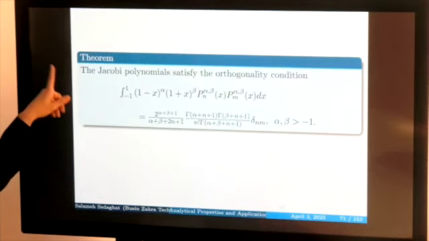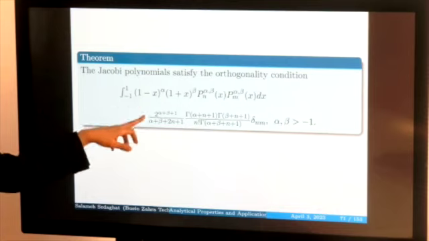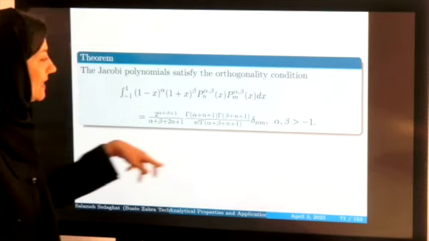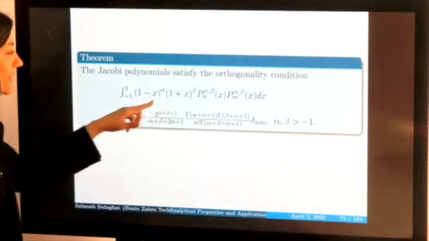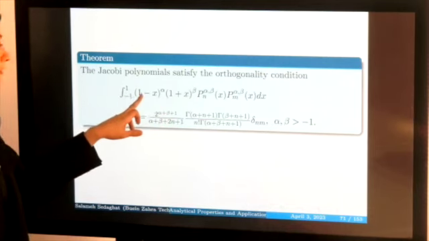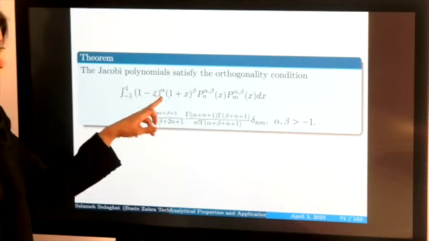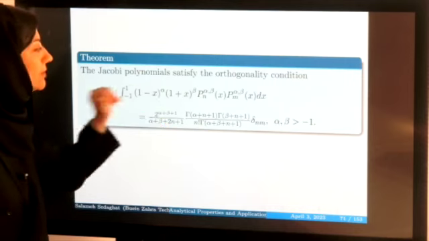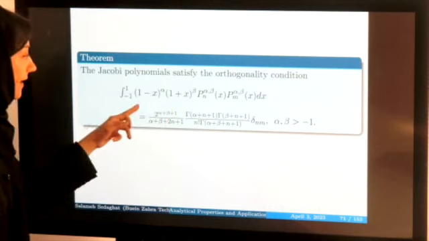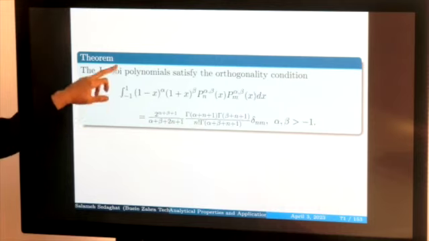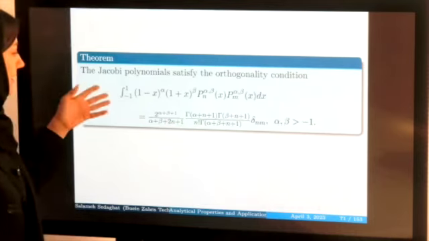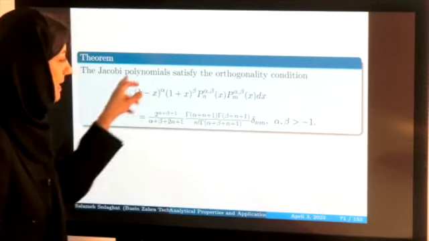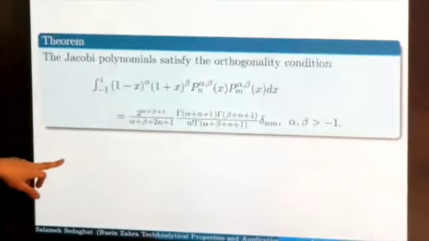And the Jacobi polynomial has these orthogonality properties with respect to this weight function, (1 minus x) to the alpha times (1 plus x) to the beta, on the interval -1 to 1, and its integral equals this term.